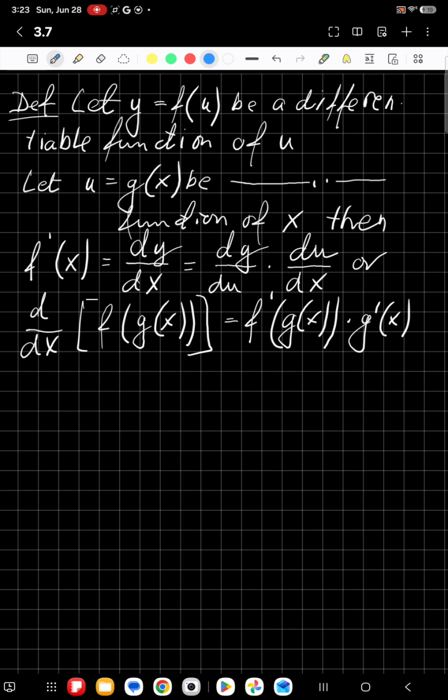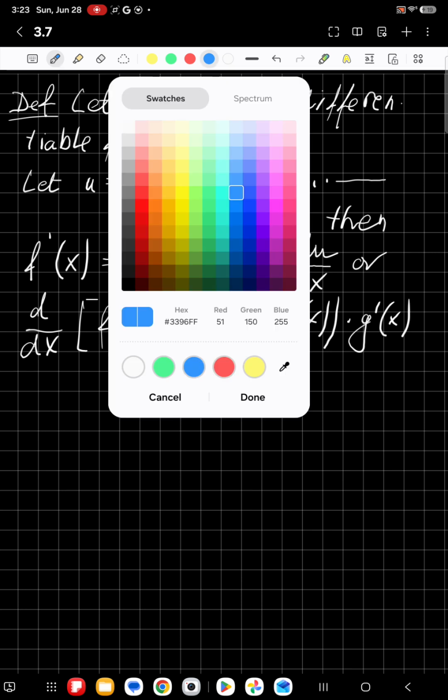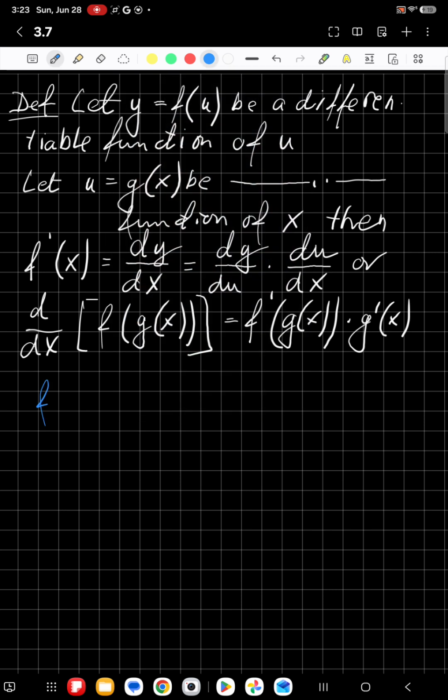If f of x is the example with x squared plus 1 to the third, then in this case u is x squared plus 1.